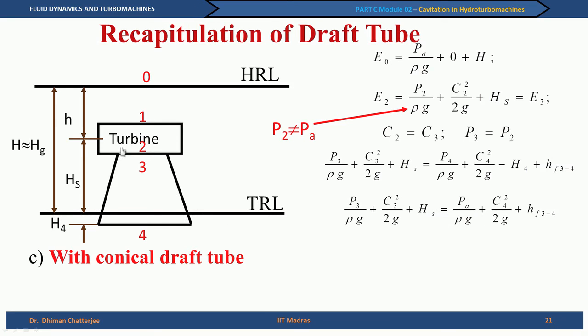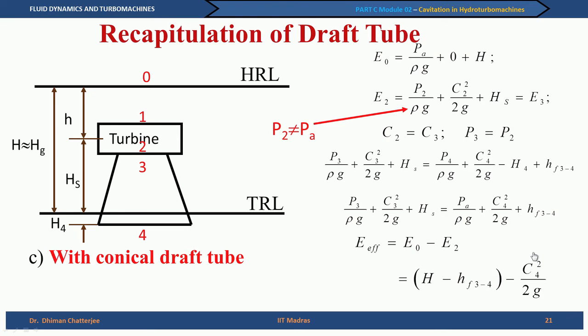You know that we have already talked about the energy that is effectively available, between E0 minus E2, and we are trying to find out the pressure. As soon as we put in a draft tube, we find that P2 or P3 is no longer atmospheric pressure as shown here. In fact, P3 will be less than atmospheric, as I showed in the last lecture.